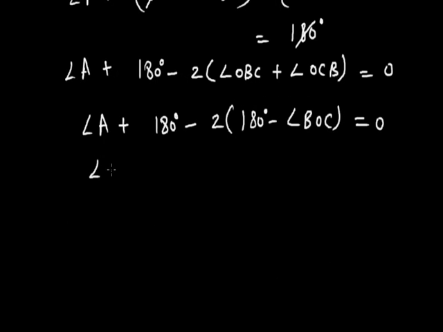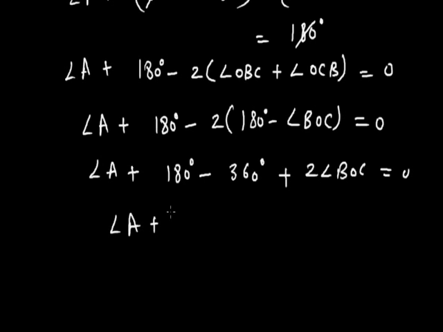Now solving this equation we will get what we have to prove. 180 degrees minus 2 multiplied by 180 degrees, that is 360 degrees, minus and minus multiplied gives us plus twice of angle BOC is equal to 0. Angle A plus 180 degrees minus 360 degrees plus twice of angle BOC is equal to 0.